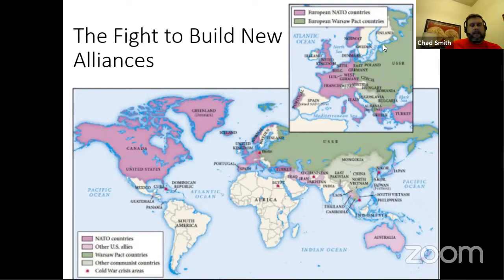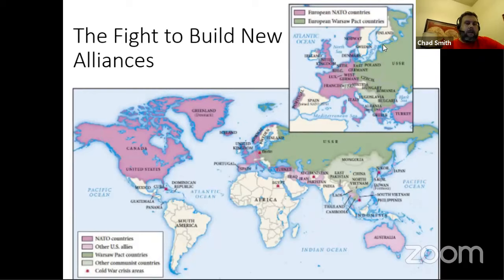NATO is made up of many European and North American states, each of which is its own independent state. Notice how close in Europe the NATO states are to the Soviet Union itself, especially states like Turkey and in the area of Western Europe.